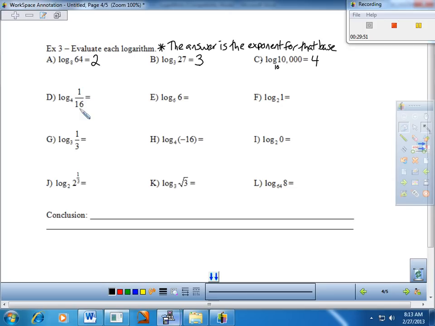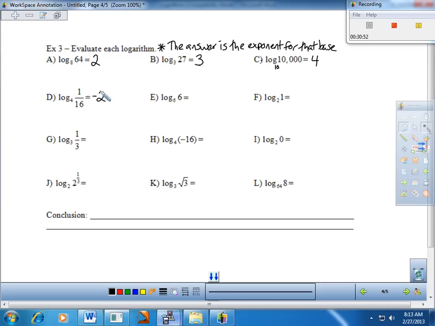Do you remember? How do I create a 1 over 16? What type of exponent is required, everybody? A negative exponent. So 4 to the negative 2nd would be 1 over 4 to the 2nd, or 1 over 16. So don't forget, negative exponents there, so your answer right here can be negative.